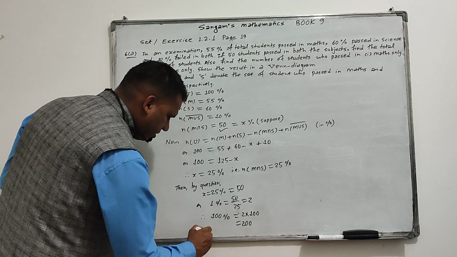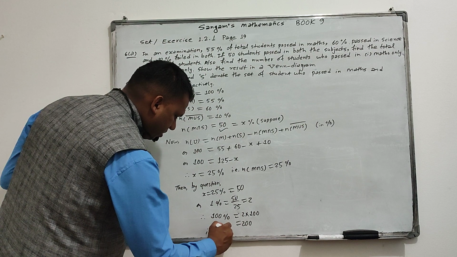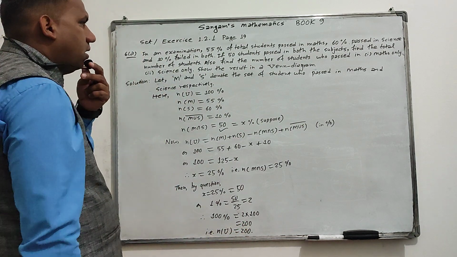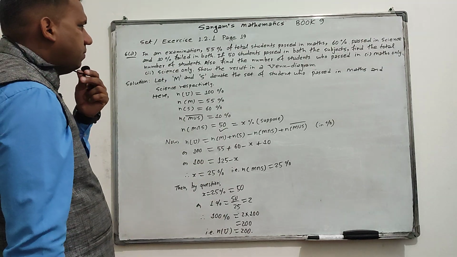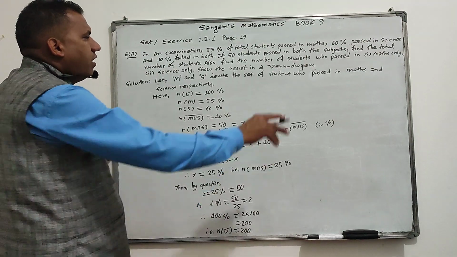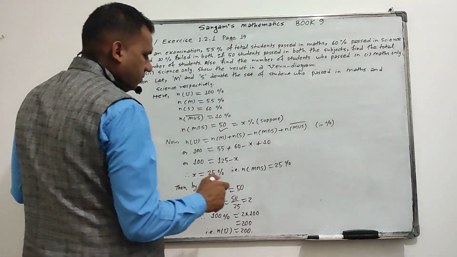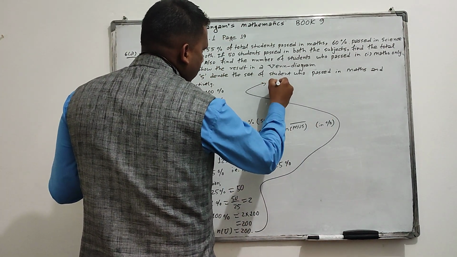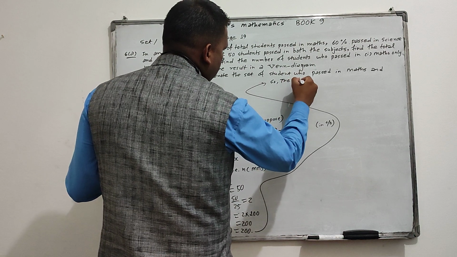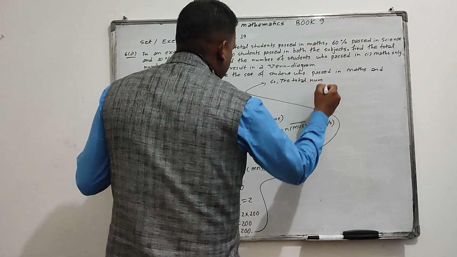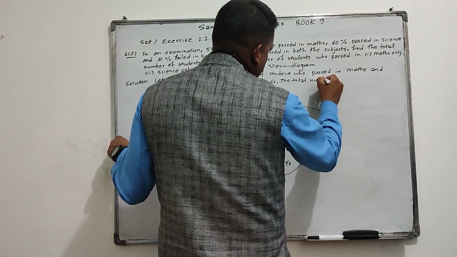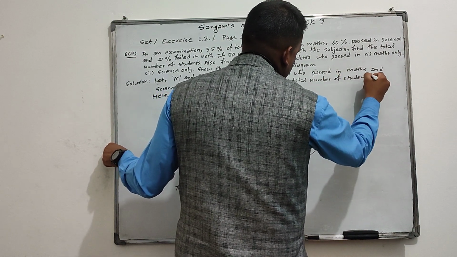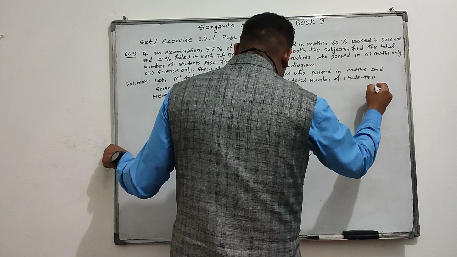That is number of U equals 200. Now, find the total number of students. So the total number of students is 200.